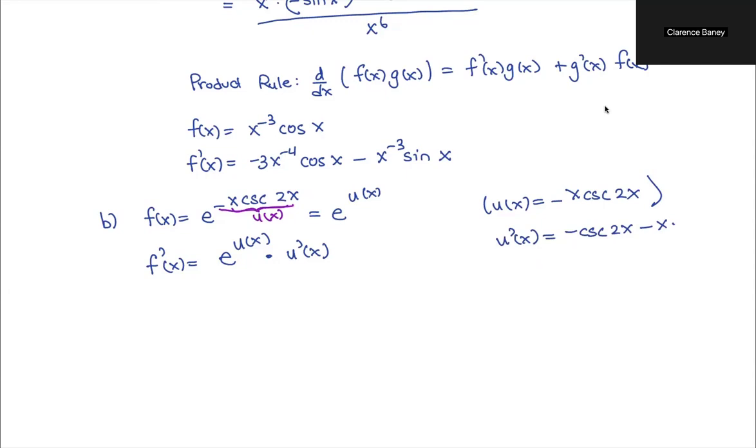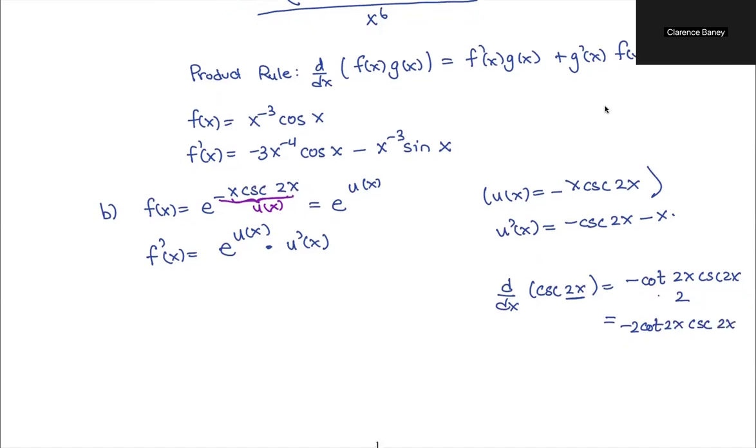So on the side again, the derivative of the cosecant of 2x is going to be negative cotangent of 2x, cosecant of 2x, and then I have to take the derivative of what's inside, which is 2, and so all together I get negative 2 cotangent of 2x, cosecant of 2x. And so I'm going to put that in here as plus 2x cotangent of 2x, cosecant of 2x.